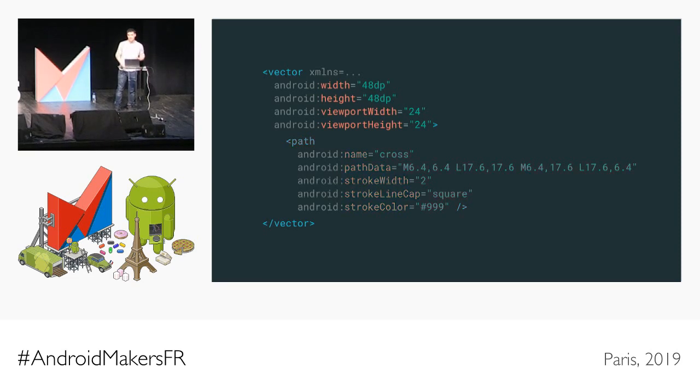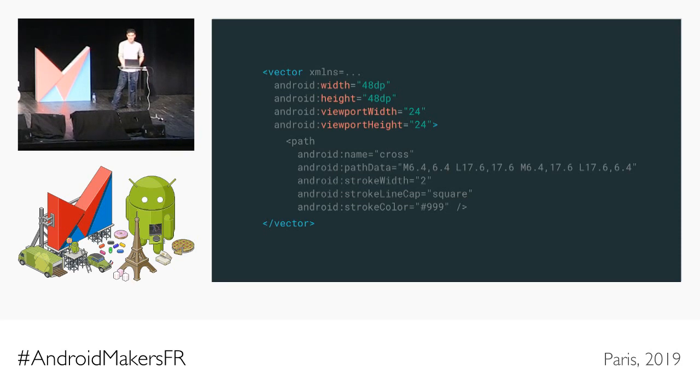Each vector has a root vector tag. You specify an intrinsic width, in this case 48 dp. This is basically the size that the vector would be if you were to set it on an image view that declared wrap content for its layout width and height. On the other hand, the viewport width, as you can see, is not declared as a dimension. It's just a float value.